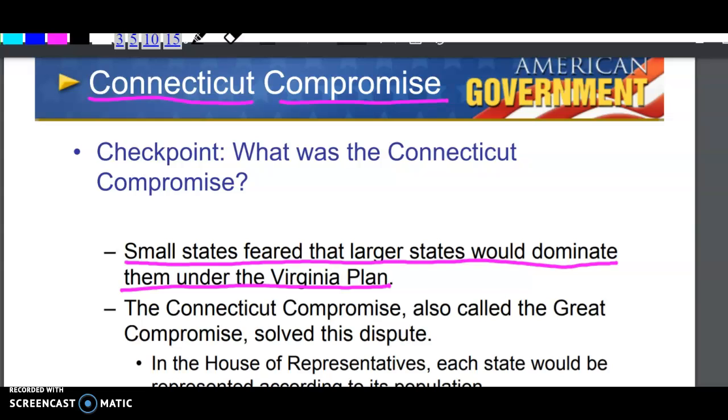That's how you got representation in Congress. So they felt like these bigger states were going to take advantage of the smaller states. You need to know that the Connecticut Compromise was also called the Great Compromise, and it solved this dispute. And instead of dispute, we're going to say problem. So it solved the problem of smaller states being dominated by the larger states.